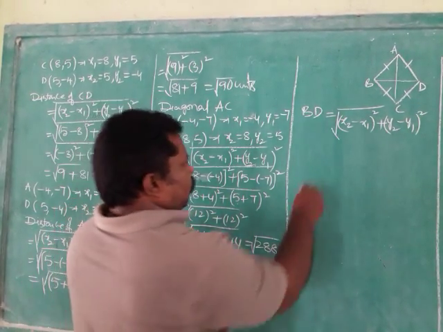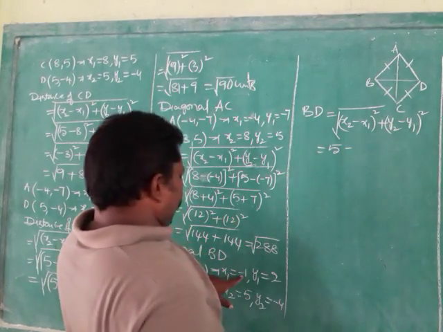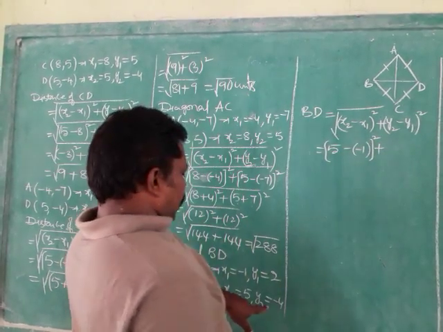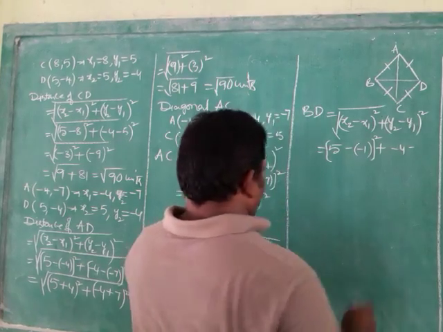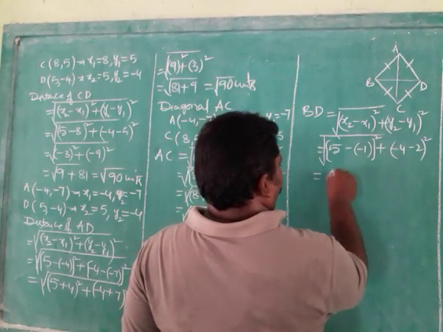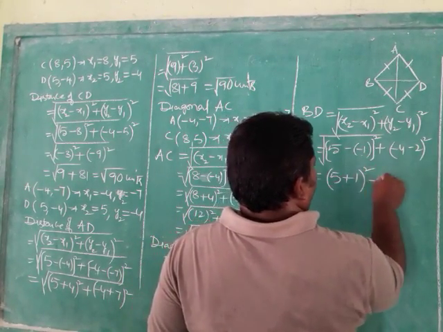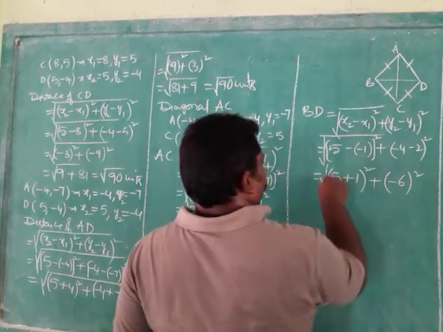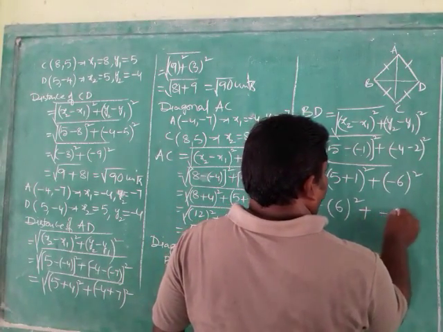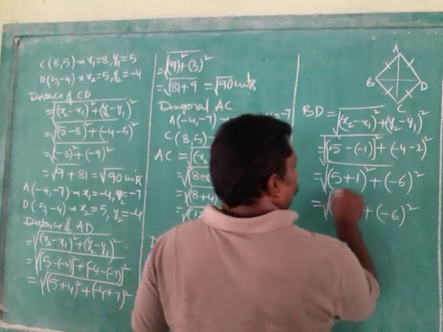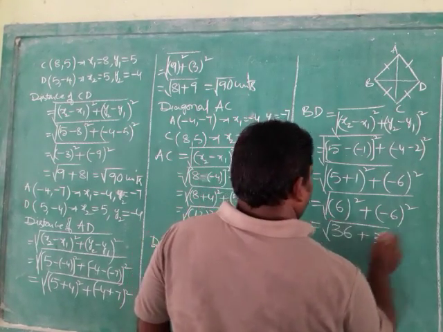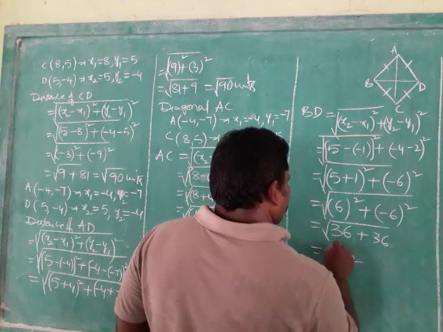Therefore, x2 value is 5 minus x1 value is −1, whole square, plus y2 value is −4 minus 2, whole square, which is equal to √[(5 + 1)² + (−6)²], which is equal to √[6² + (−6)²]. 6 square means 36, and (−6) square also 36, which is equal to √72 units.